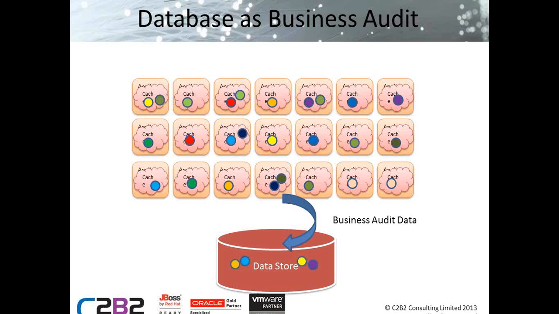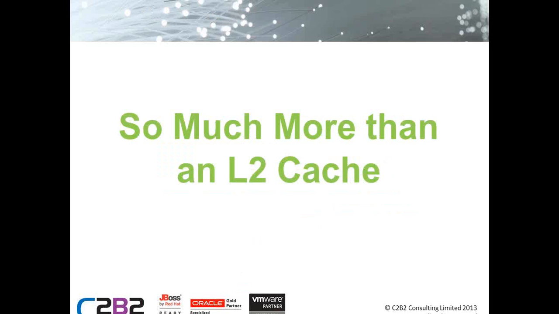So as you move into these large partition caches, it's very possible to create totally different architectures. We're not just talking about first and second level caching. An Oracle Coherence grid is so much more than just a level 2 cache on your database, essentially. There's a lot more you can do.